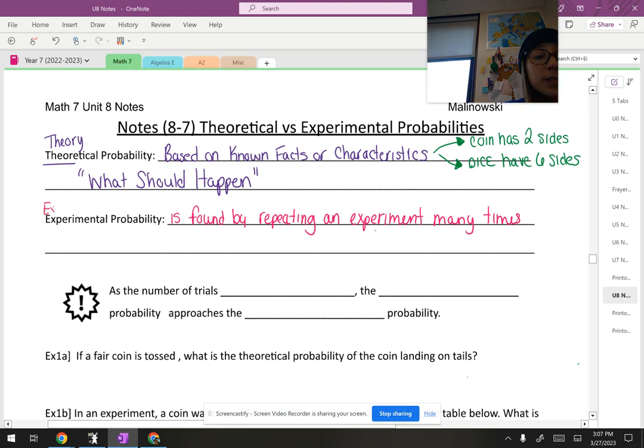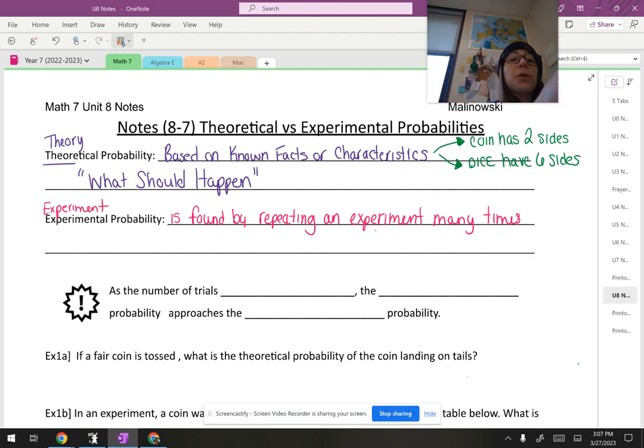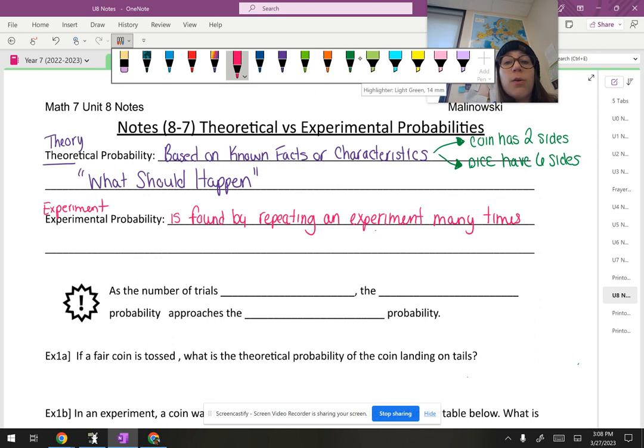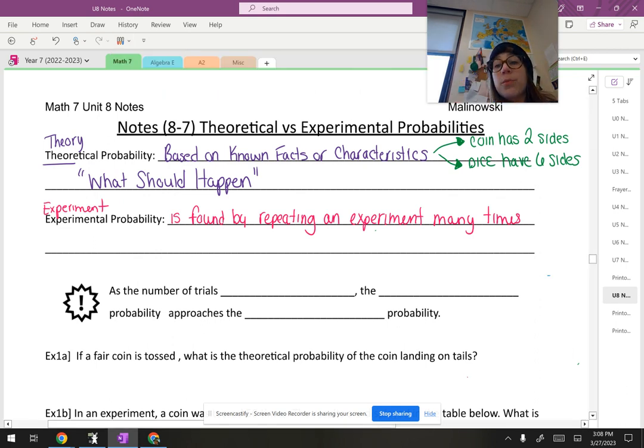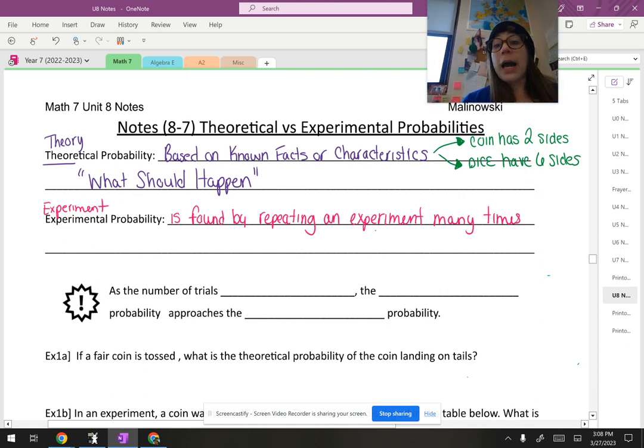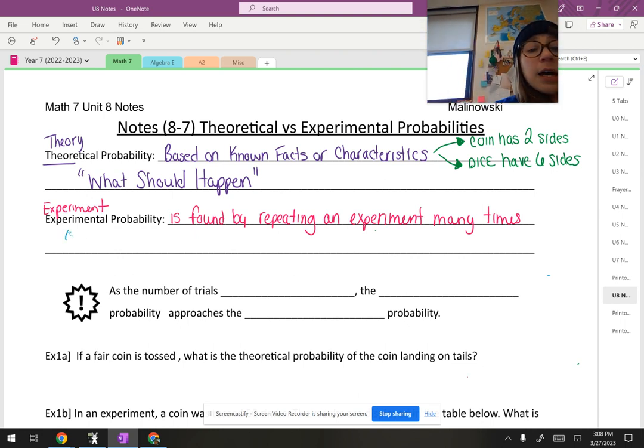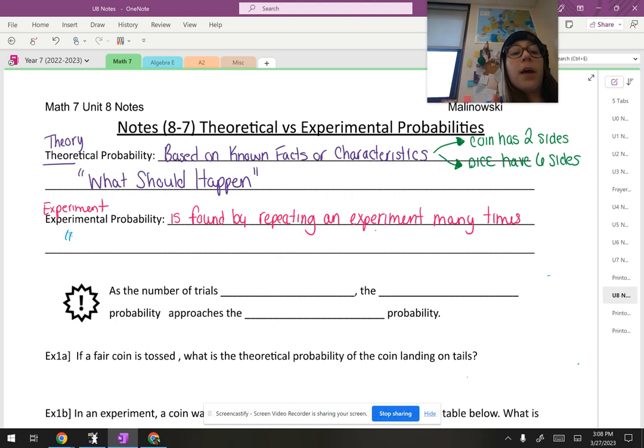And that is where experimental probability comes in, sounding like experiment. Experimental probability is found by repeating an experiment many times. So flipping that coin 100 times and actually recording what you get each time. Rolling the dice 50 times and recording what you're getting each time. If theoretical probability is what should happen, experimental probability is what actually happens.